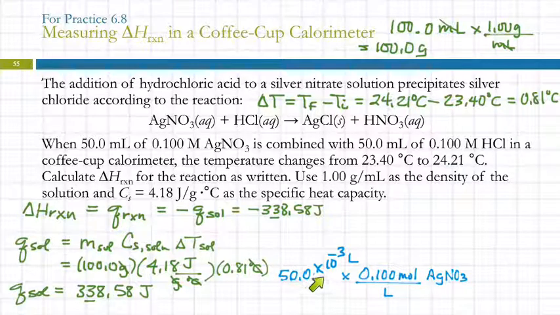Because that's what milli means. I could do it that way. So 50 EE minus 3 times 0.1. So I have 0.00500 moles of silver nitrate.